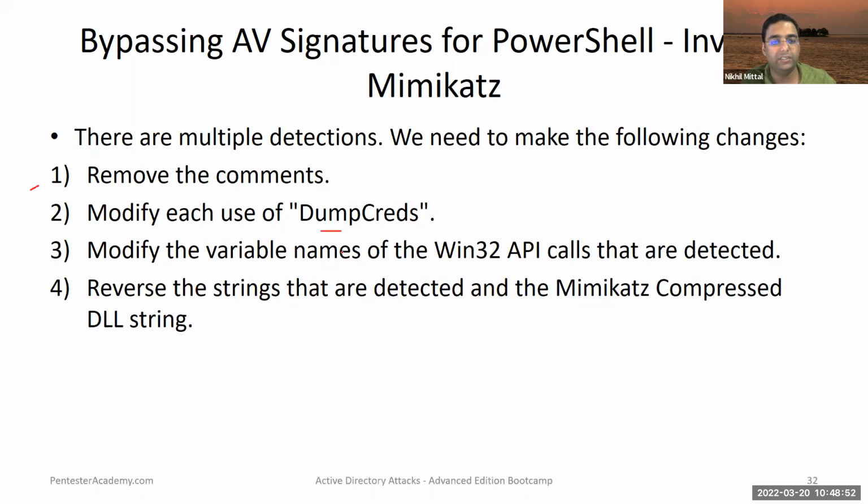Then there is a parameter name called DumpCreds in Invoke-Mimikatz. We need to change that as well. We also need to modify the variable names of all the Win32 API calls that are detected. And the final thing is to reverse the strings that are detected and the Mimikatz compressed DLL string.